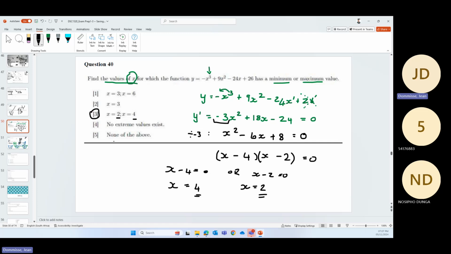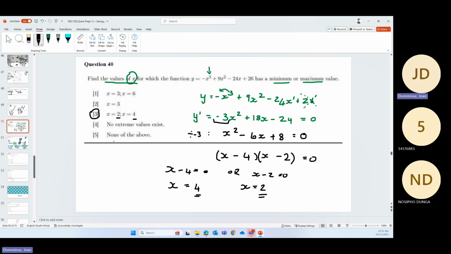Okay, so again, I followed that process. When I saw I need to work out minimum and maximum values, that's the trigger for me that we need to work it out with differentiation.